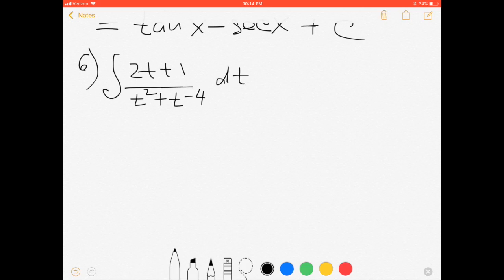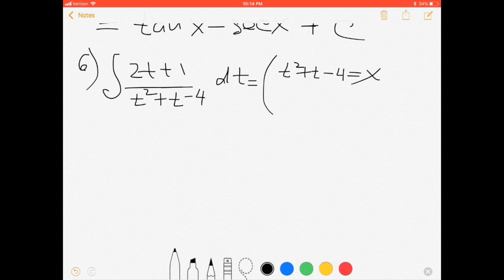T squared plus t minus 4, the derivative will be 2t plus 1, exactly your numerator.